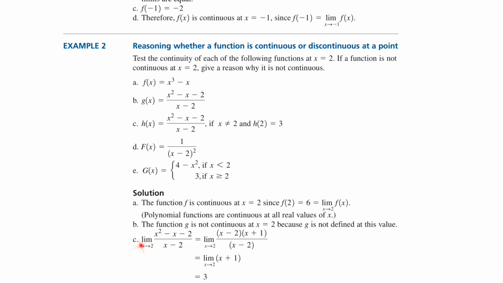The limit of g of x as x approaches 2 is the same as the limit of x plus 1 as x approaches 2, which is 3.